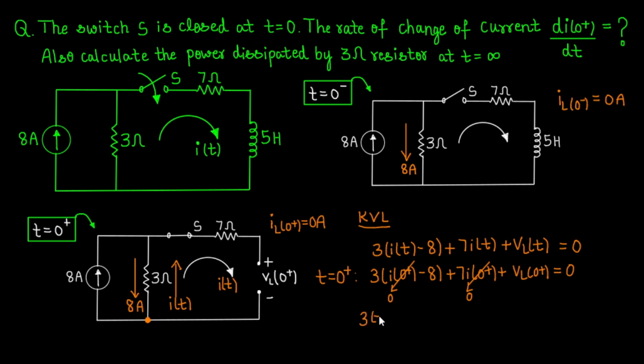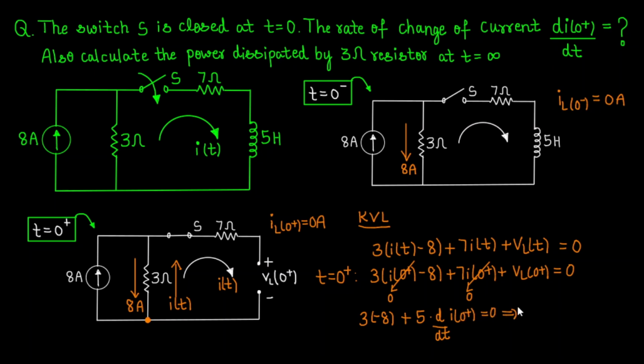So 3 into minus 8, this is anyways 0, plus L is 5 Henry. So 5 dot d by dt of I of 0 plus is equal to 0.